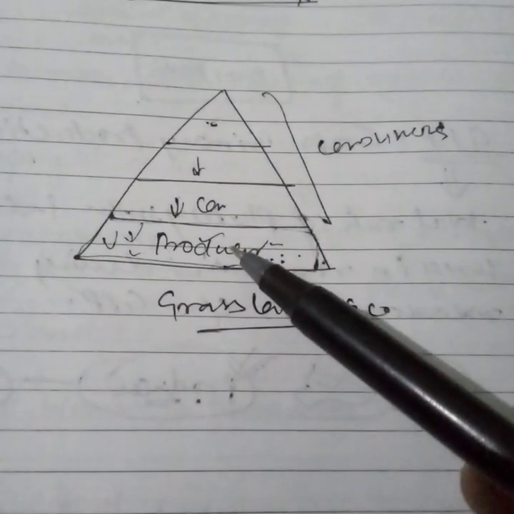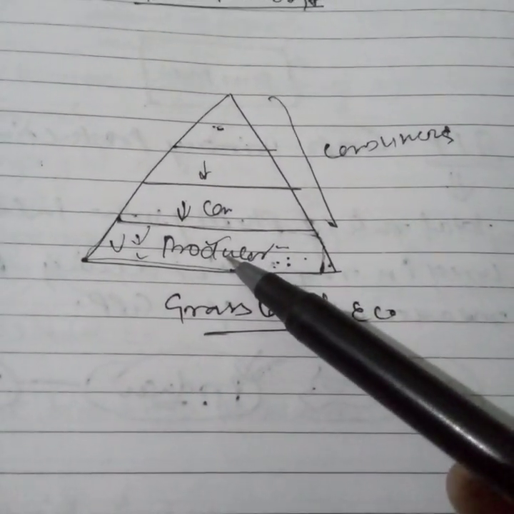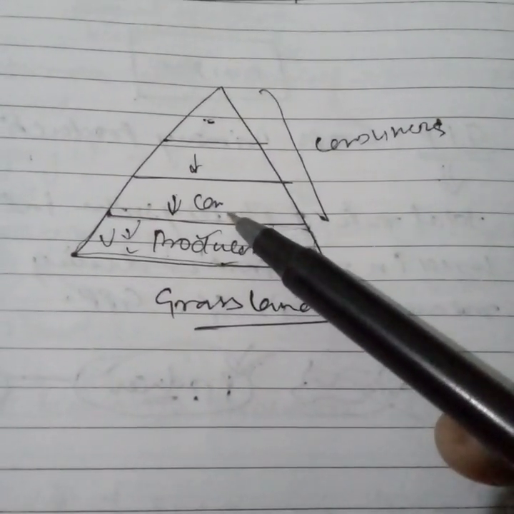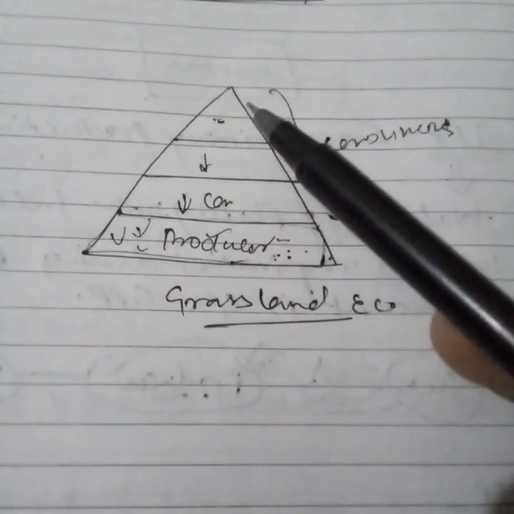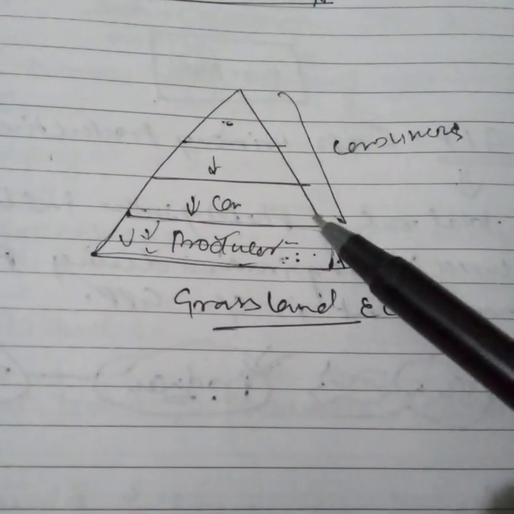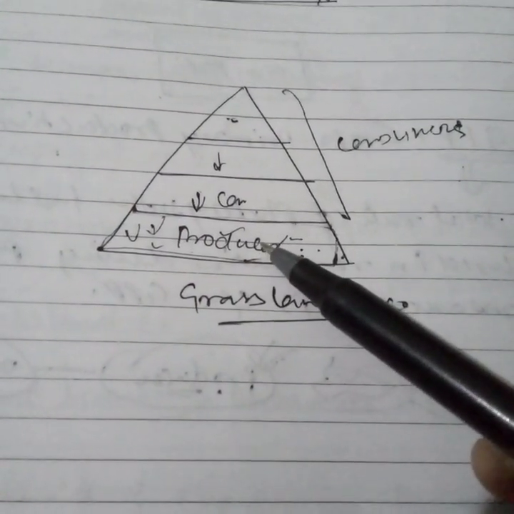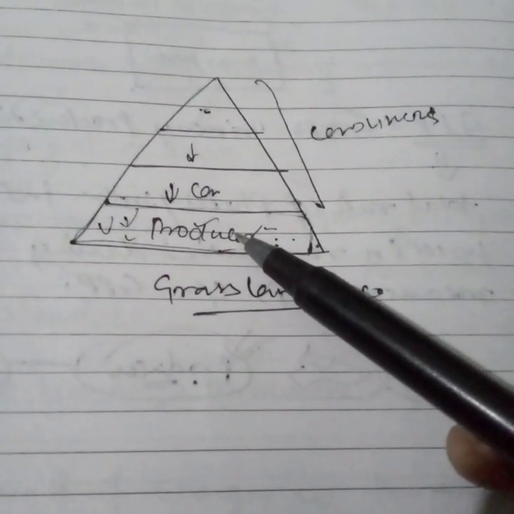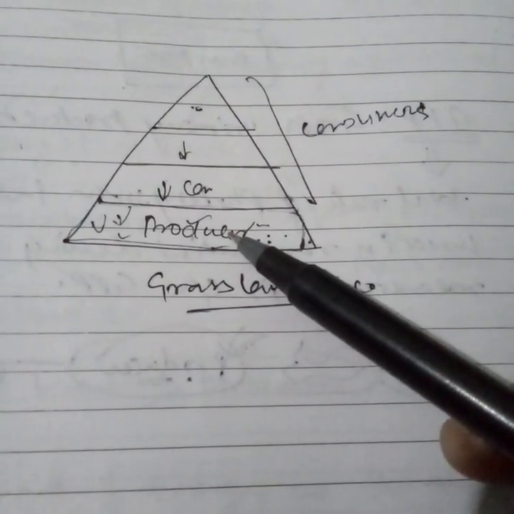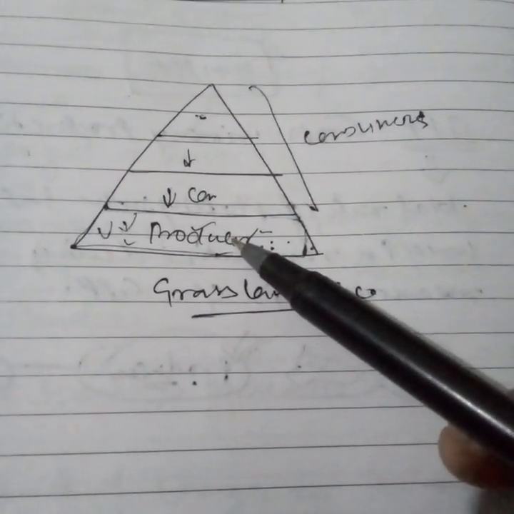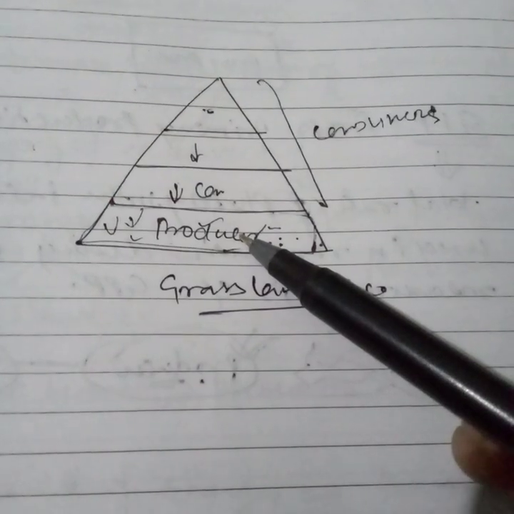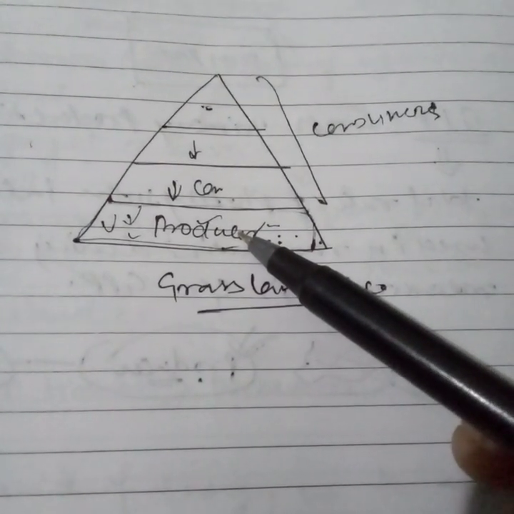Clear? So in grassland, the number of grasses will be more than the consumers, herbivores, carnivores. The number of these consumers is less than producers in the grassland ecosystem. That's why the grassland ecosystem always shows an upright shape of pyramid of numbers.